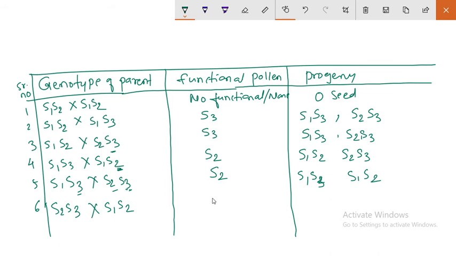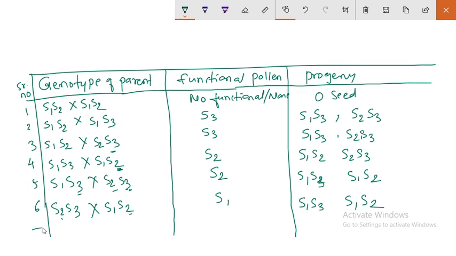Here only S1 is functional, so it produces progeny S1, S3, since S2 is common, and then S1, S2. This S1 is from one time with this and one time with this: S1, S3 and S1, S2.